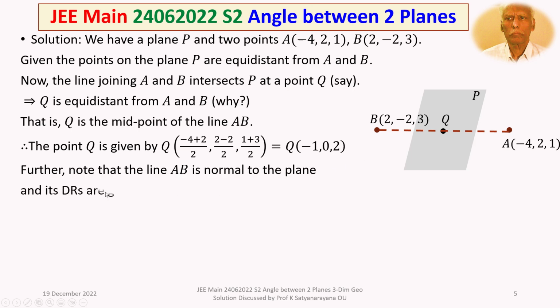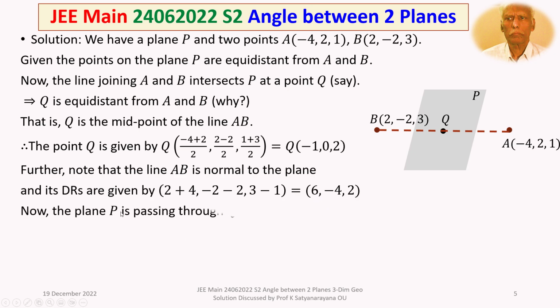They are given by 2 minus of minus 4, that is 6, minus 2 minus 2, that is -4, and 3 minus 1, that is 2. So 6, -4, 2 are the direction ratios of the normal to the plane P.